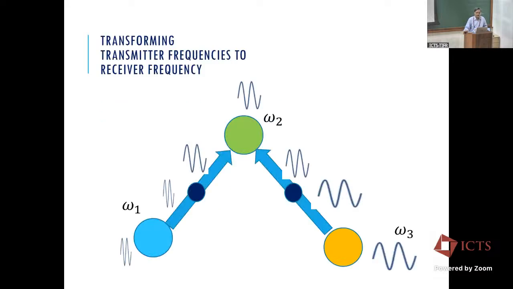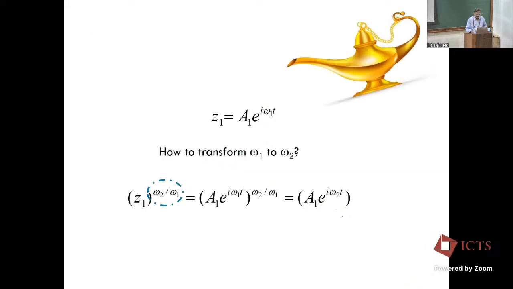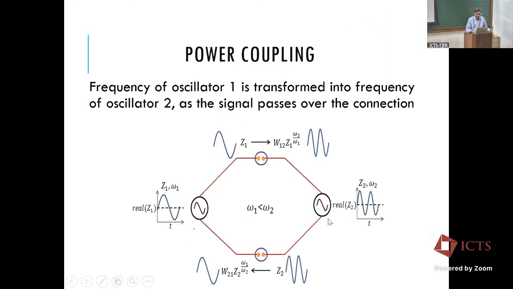And we found that it is not in the literature, unless there's some book where it is deeply hidden. The idea is very simple. If you have two oscillators, one at ω1 and the other at ω2, this one is sending out its signal at ω1. Let's say ω1 is a low frequency, and ω2 is a high frequency.